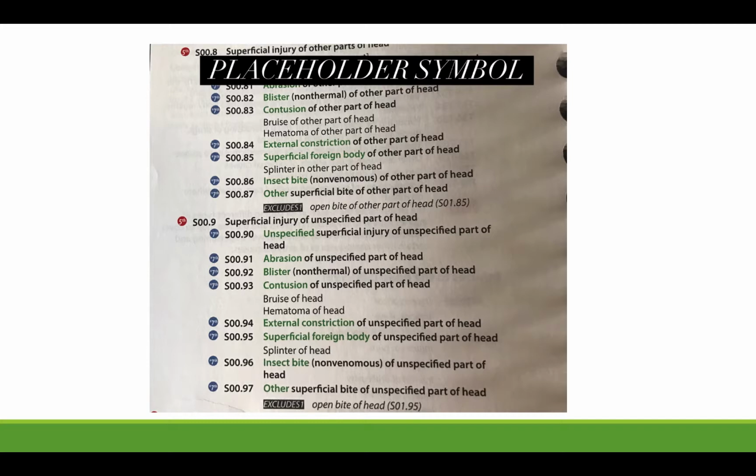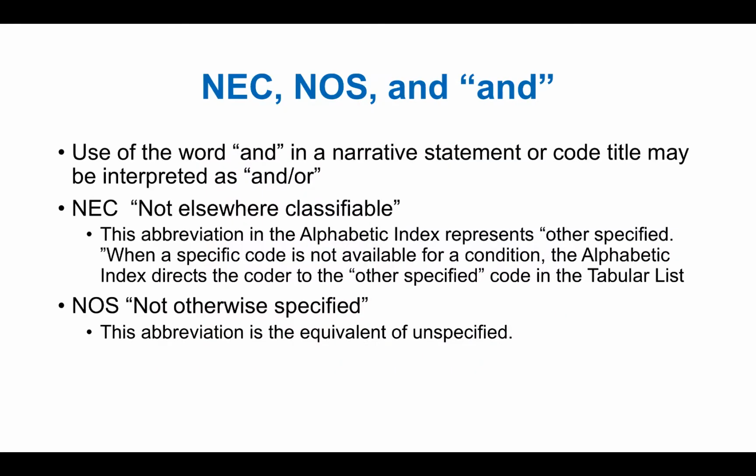If we go back up to the beginning of our section and add an A for initial encounter, that's still not 7 characters. So we have to add an X in the 6th slot and then the A at the end for initial encounter. So our code would be S00.90XA.